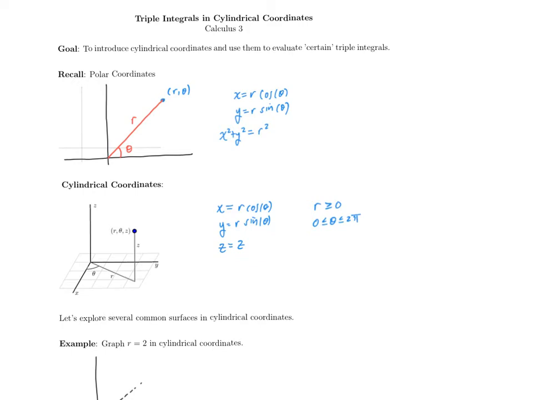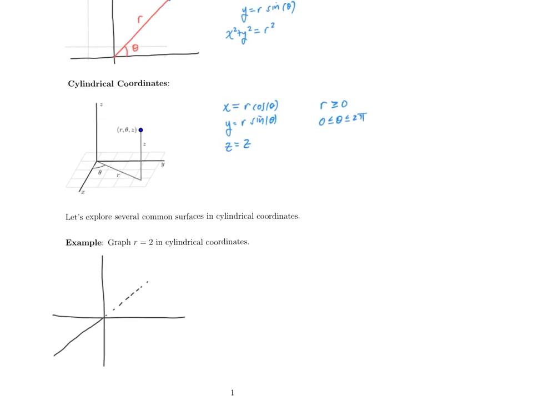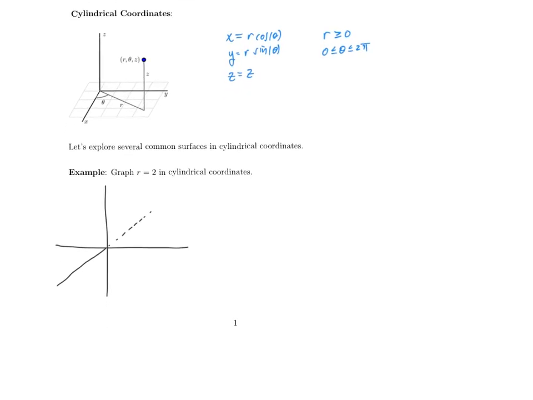Similar to the beginning of the semester when we were discussing the three-dimensional coordinate system, it makes sense to pause here for a few minutes and explore several common surfaces in cylindrical coordinates and really see why we are interested in this coordinate system. So let's begin by graphing the surface r equals 2 in cylindrical coordinates.